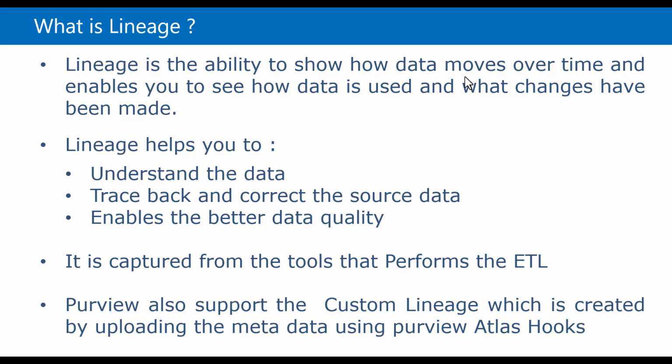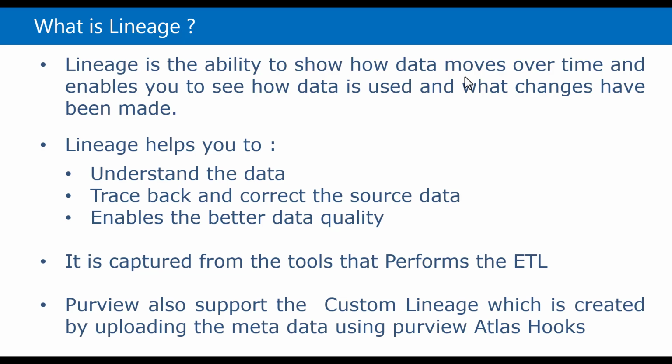Whenever you use lineage capabilities, most of the time this data is being transformed and moved with the help of some ETL tool. For example, we are going to use ADF as an ETL tool. Purview also supports custom lineage, which you can create by uploading the metadata using the Purview Atlas hooks.